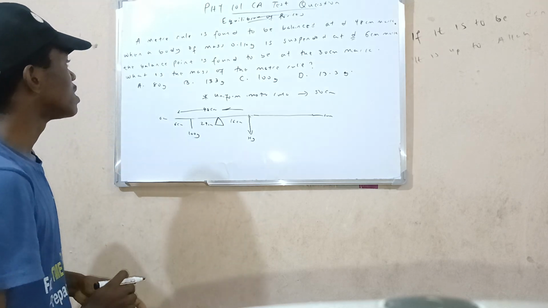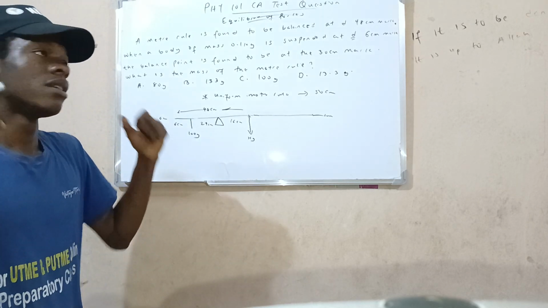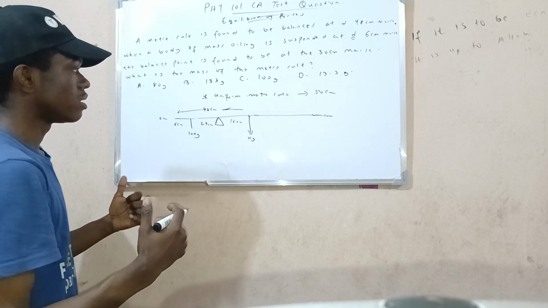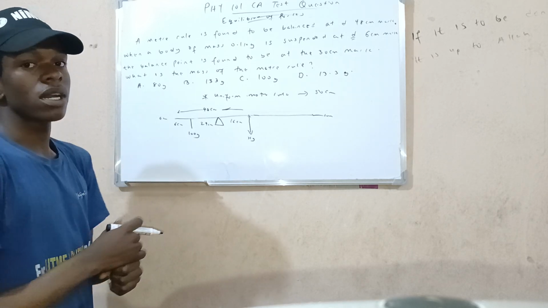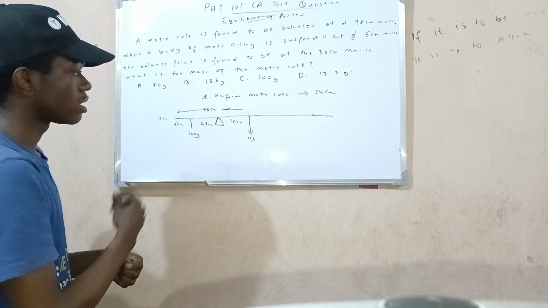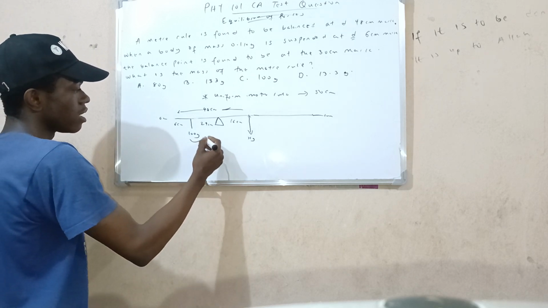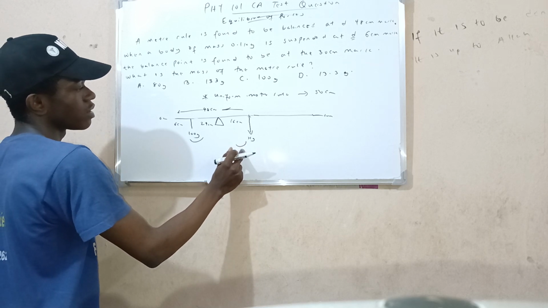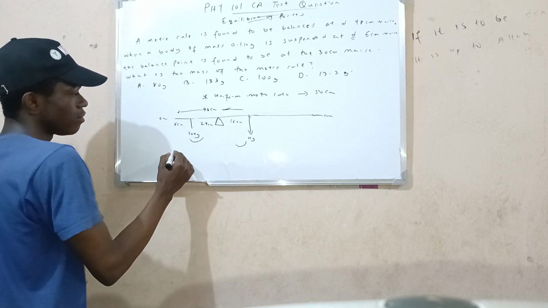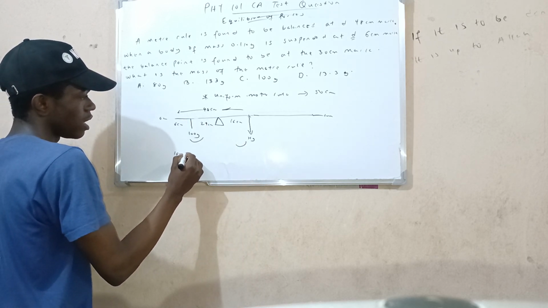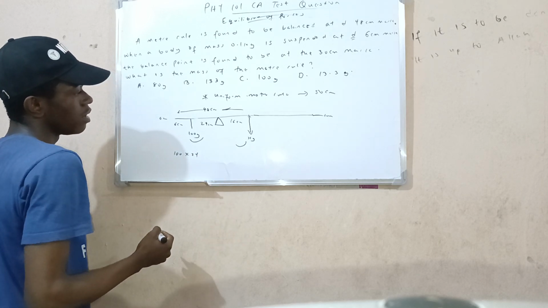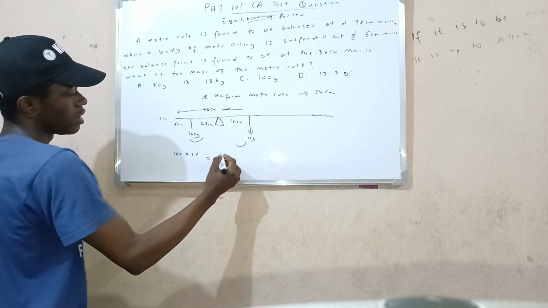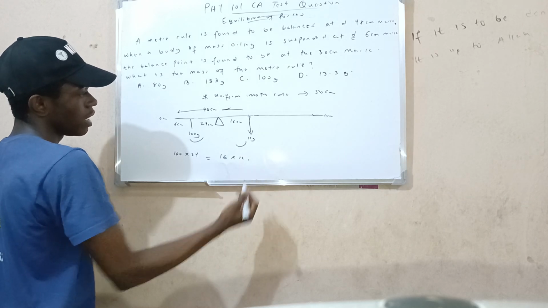So we're asked, what is the mass of the meter rule? This is where the whole work actually lies. We can now apply the clockwise moment and anti-clockwise moment. The sum of clockwise moments will be equal to the sum of anti-clockwise moments. 100 times 24 will be equal to 18 times x.